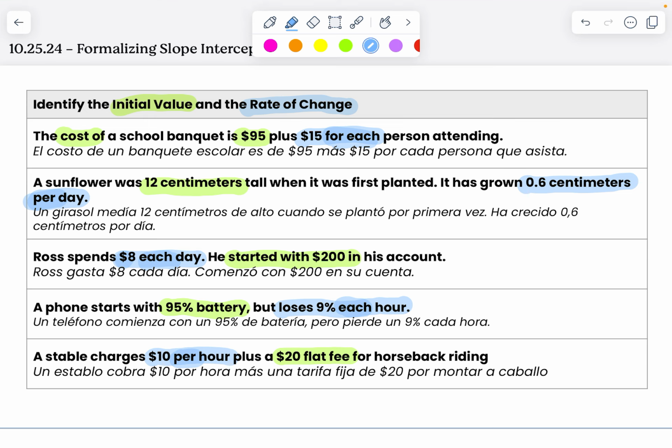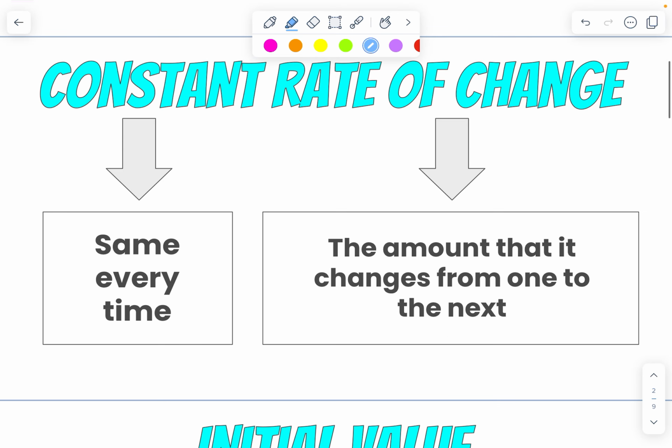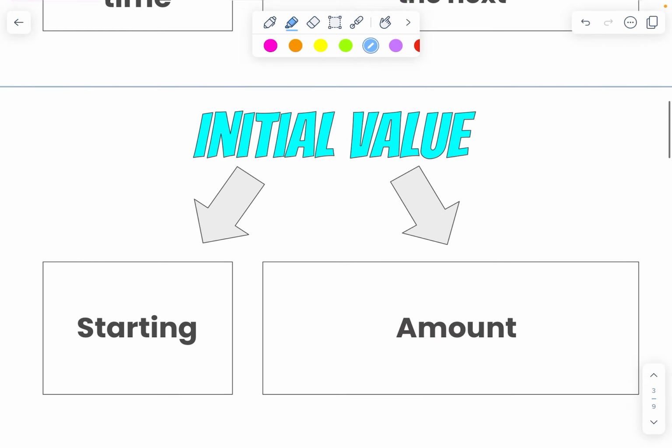I thought this was a cool way to start it off, right? Our constant rate of change, as a reminder, constant means the same every time. Rate of change from one to the next, how much is it changing? And our initial value was the starting amount.